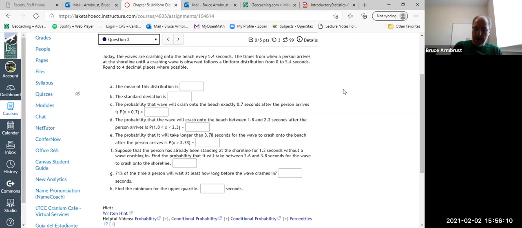Let's see, so then part F. Suppose a person has already been standing on the shoreline for 1.3 seconds. Find the probability that it will take between 2.6 and 3.8. Okay, and then 71% of the time, a person will wait at least how long before the wave crashes in. And then we want to find the minimum for the upper quartile.